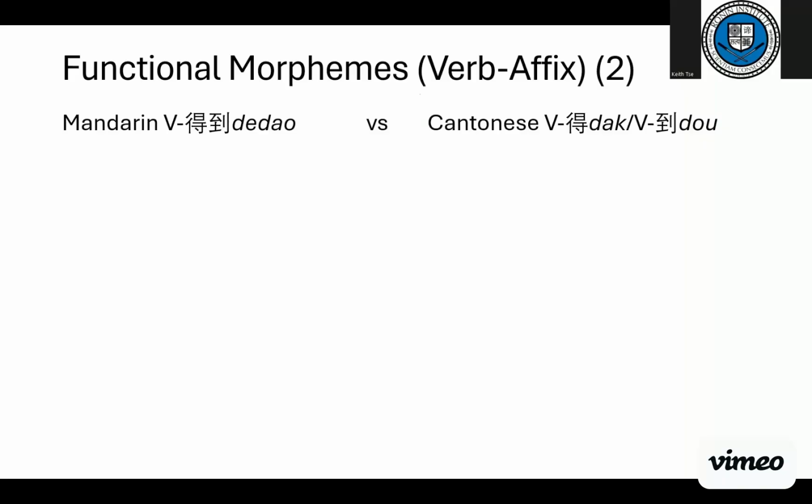Also, there are some very subtle micro differences between Cantonese and Mandarin verb endings. A very common Mandarin verb ending is 得到, verb 得到. In Cantonese, however, there are two forms, which are not exactly the same, but sort of similar. We could say either verb 到 or verb 得.